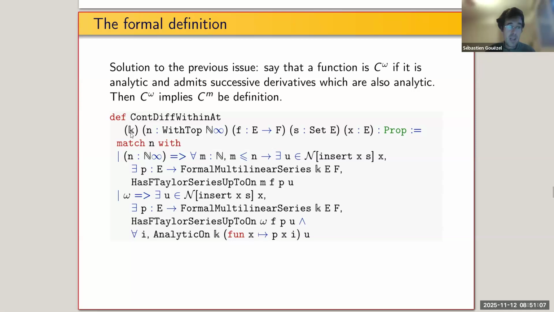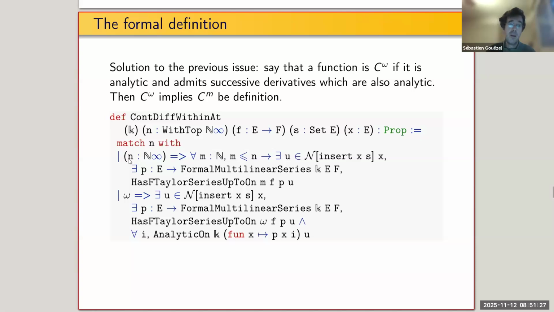So we specify the field K, we specify the smoothness, which is in N-infinity, which means that it can be either a natural number or infinity or omega. And then the smoothness exponent n, the function f, the set, and the point. And what will be the condition?